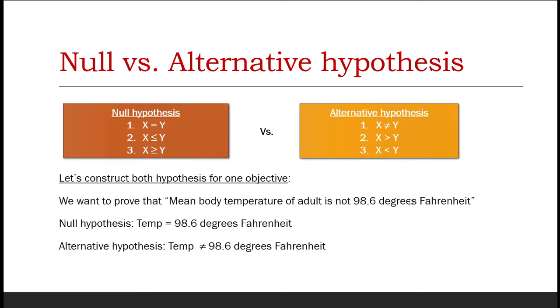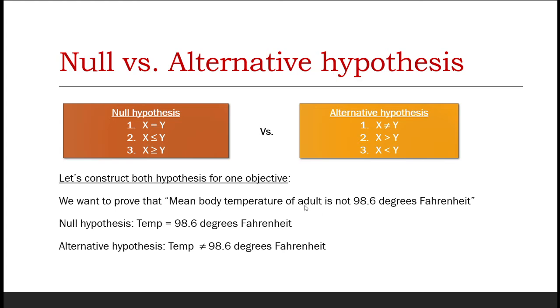Let's quickly construct both hypotheses for one objective. So we have an objective. We want to prove that mean body temperature of an adult is not 98.6 degrees Fahrenheit. So what would be the associated null hypothesis to prove it, and what would be the alternative hypothesis to prove it? As we know that null hypothesis is always based on the opposite sense of the main objective we want to prove.